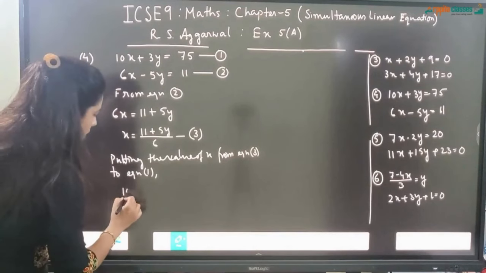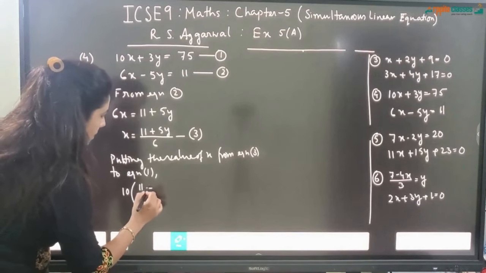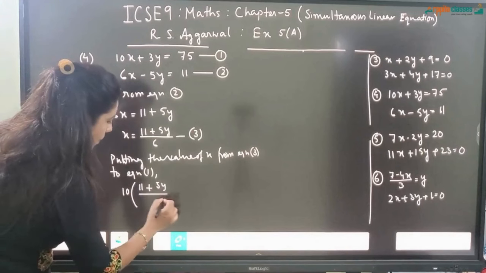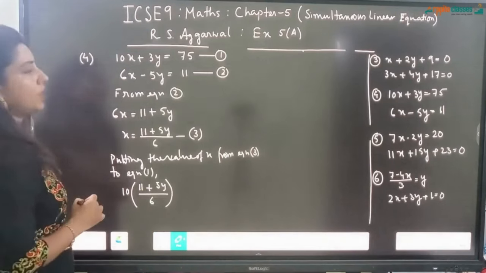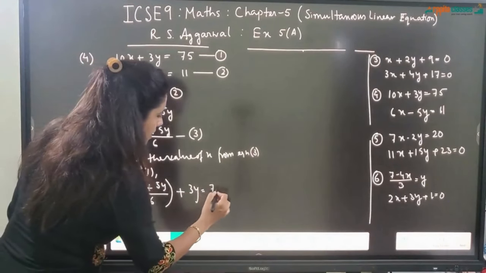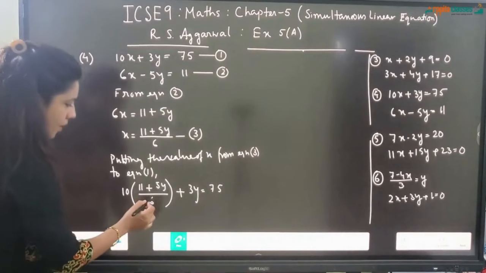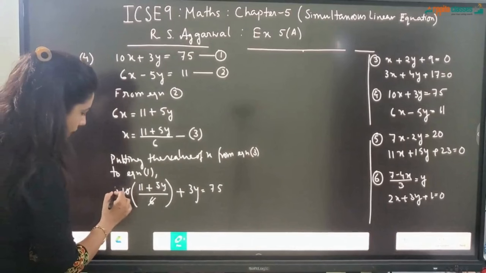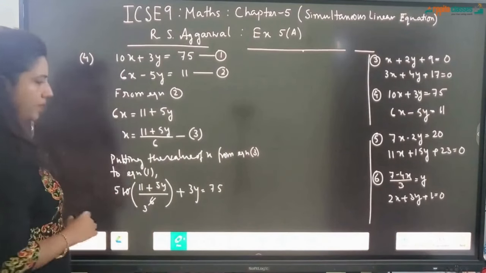So 10 whole into 11 plus 5y upon 6. So this is your 10x plus 3y is equal to 75. So from here I'll cancel 2, 5, 2, 3.